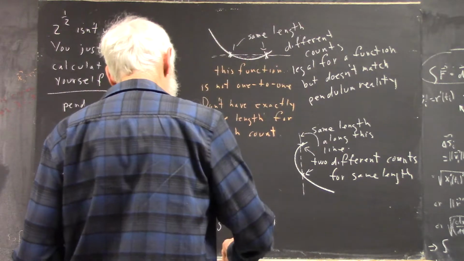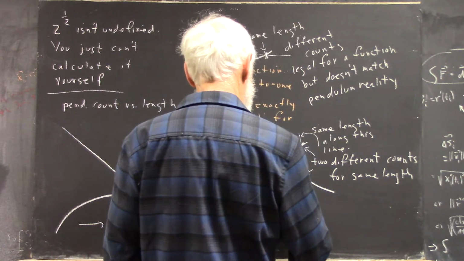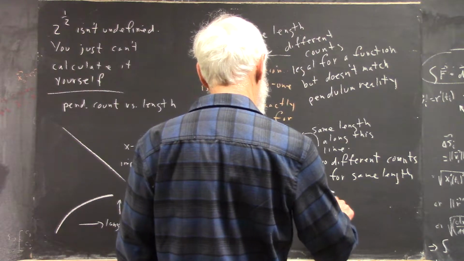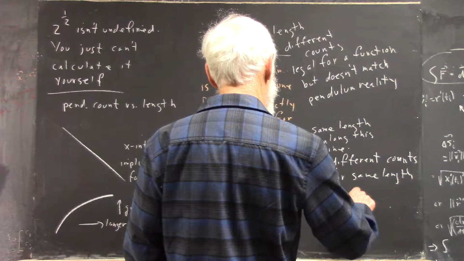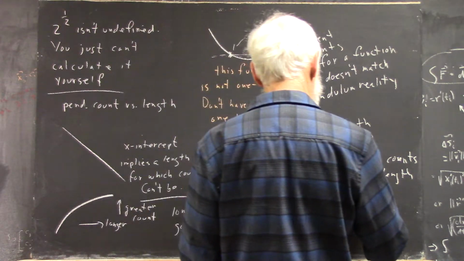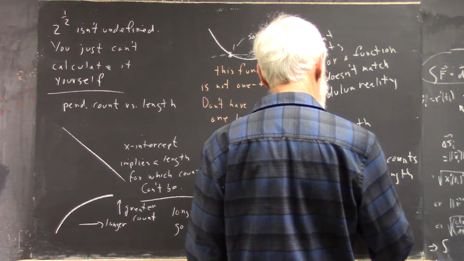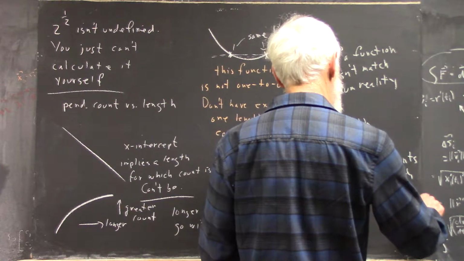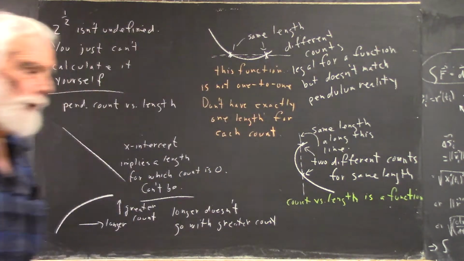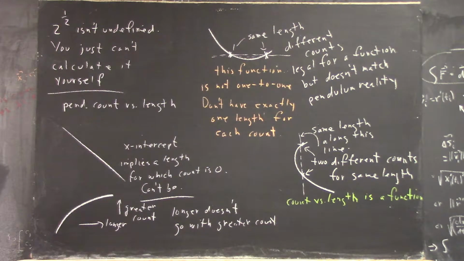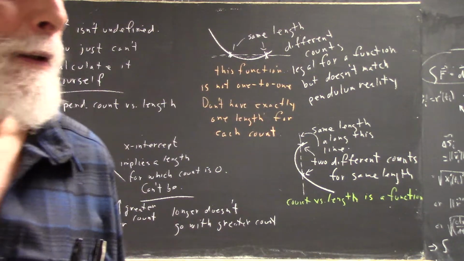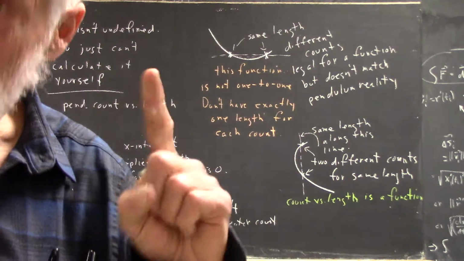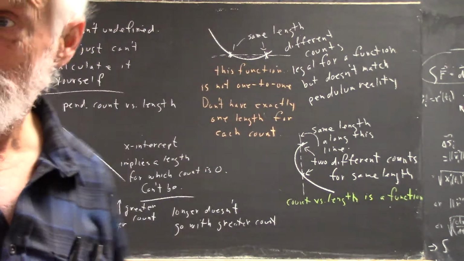So we can say count versus length is a function. Every length has just one count.